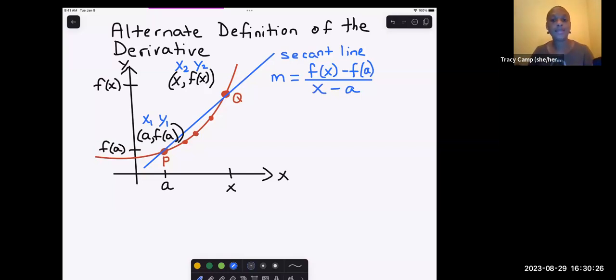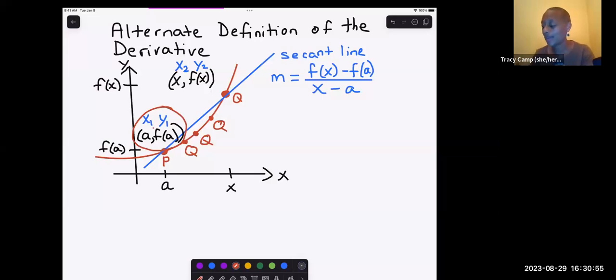And again, the tangent line is the line that's formed as Q approaches P. The idea is that Q gets closer and closer to P, and it gets so close that Q ends up practically being P, so the only point we have is a, f of a.